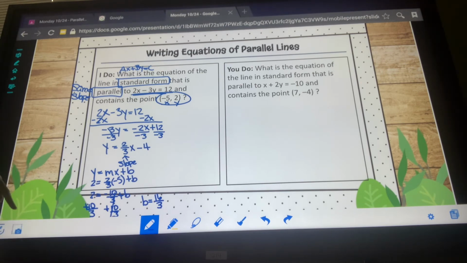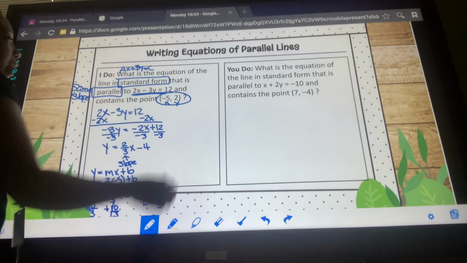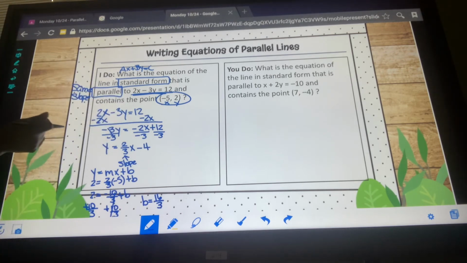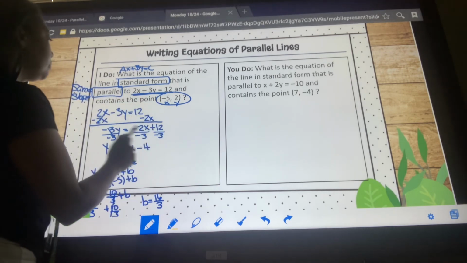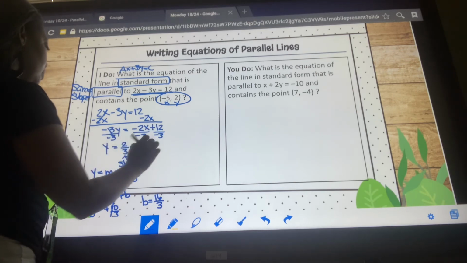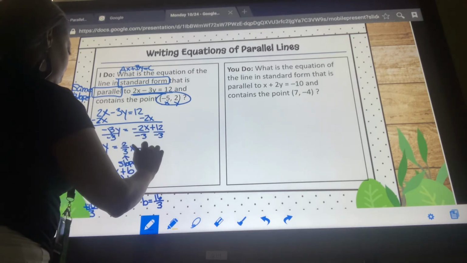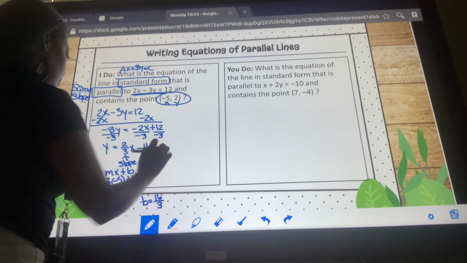Okay, now we're going to write our equation in slope intercept since I have an m and a b. Okay, so remember my m was right here. That's where I found my m.